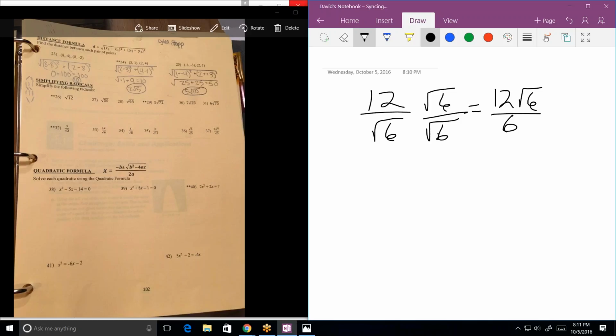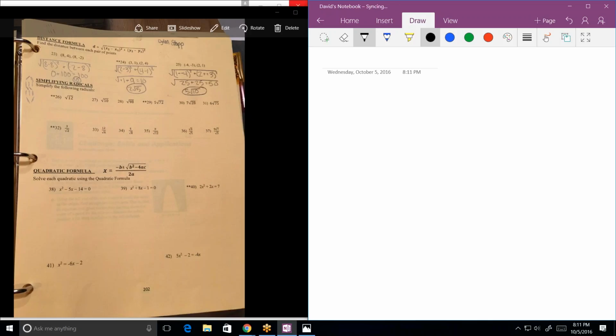Now simplify that, because I can do some simplification here. What's 12 over 6? Oh, 2. So 2 root 6. That frequently happens when you rationalize a denominator, is you end up with something that can then be simplified.